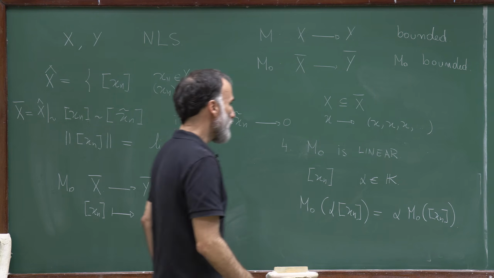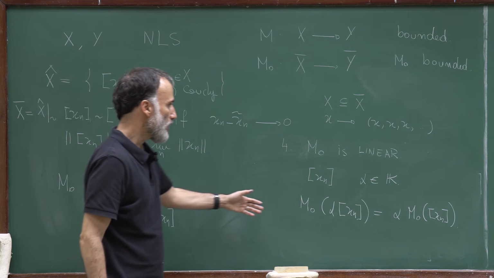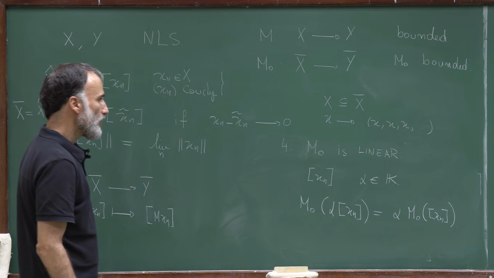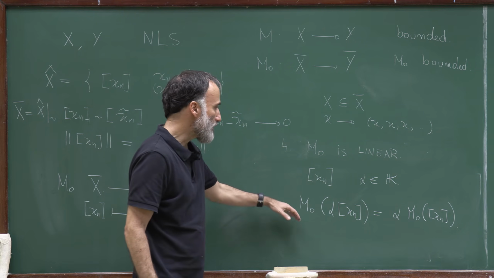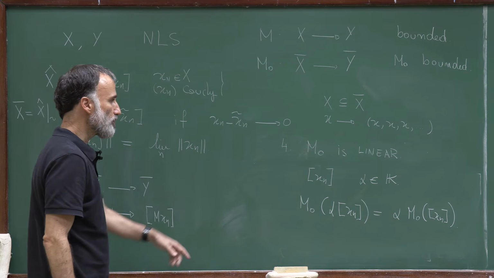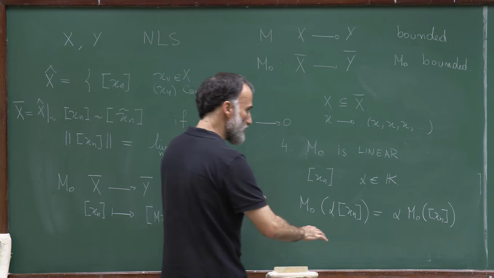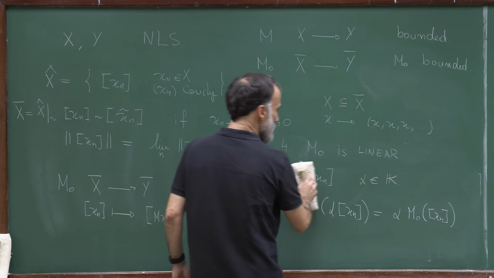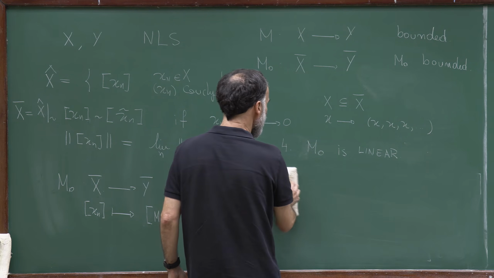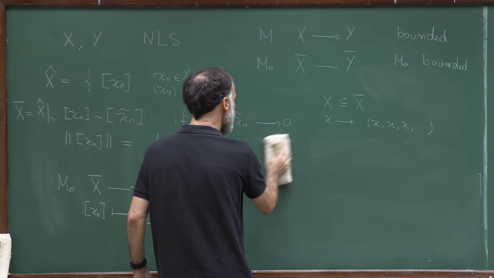So I leave it to you as an exercise to show this second property. And the proof of this second property is very similar to the proof of the previous property, which I presented in full detail. So with that, we know that M0 is linear.